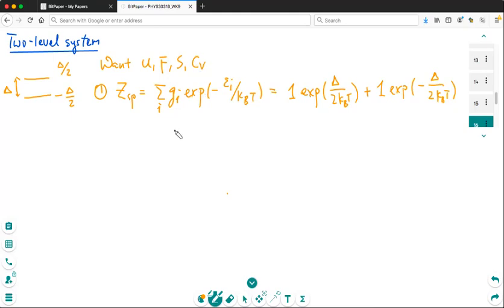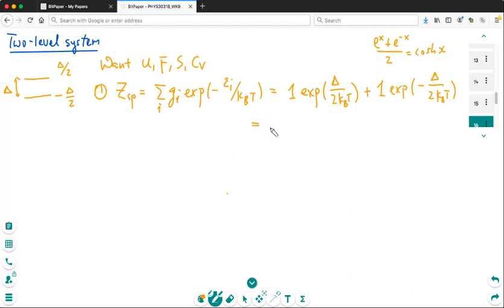There are different ways to do this, but I would like to do it using a hyperbolic cosine function. So to remind you, e to the x plus e to the minus x divided by 2 is cosh x.